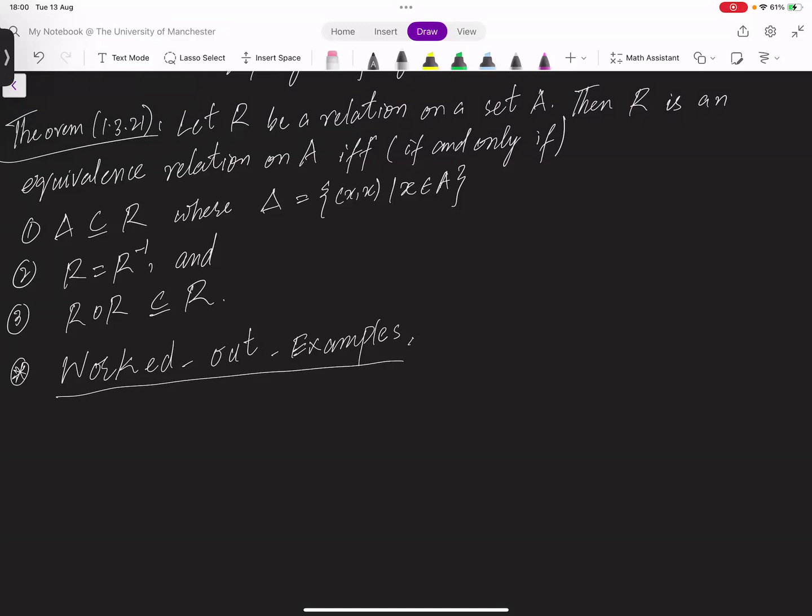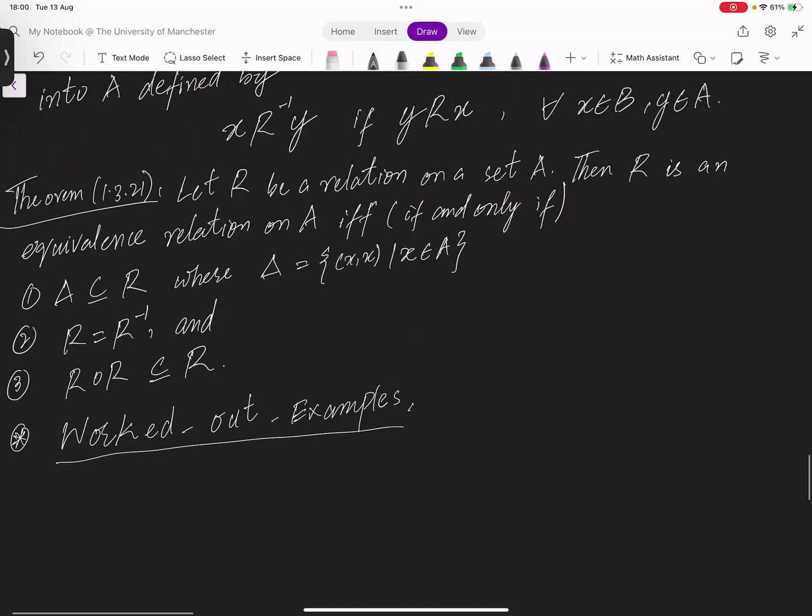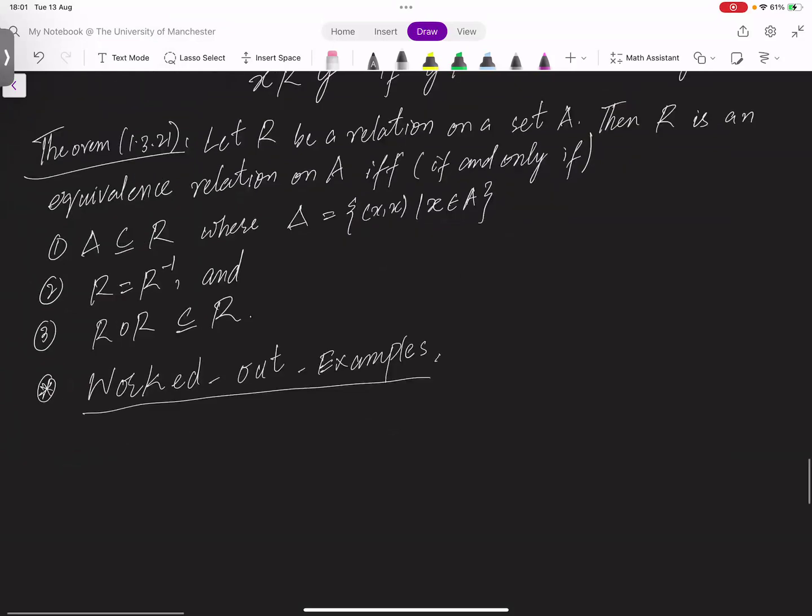So, in the last part of the section on relations, we discussed this theorem.